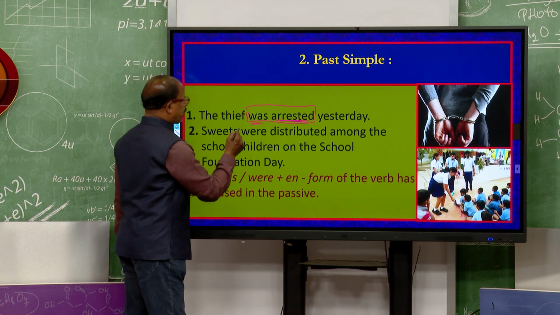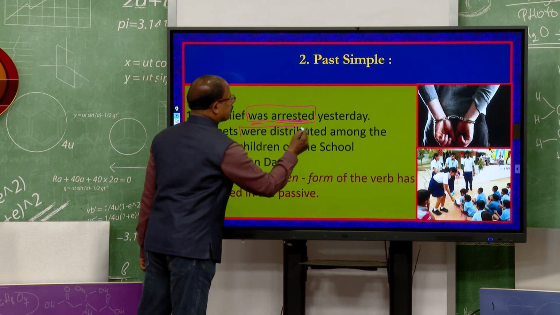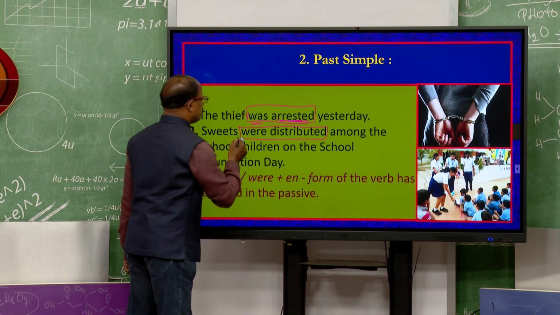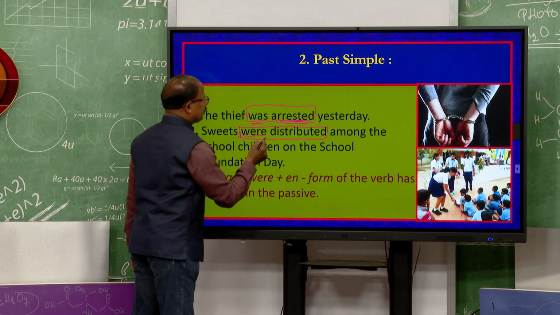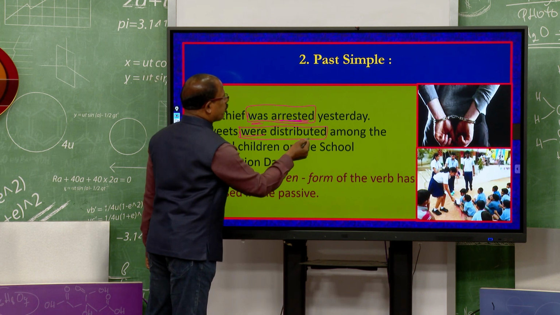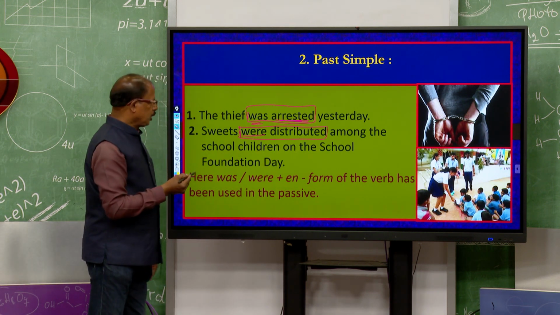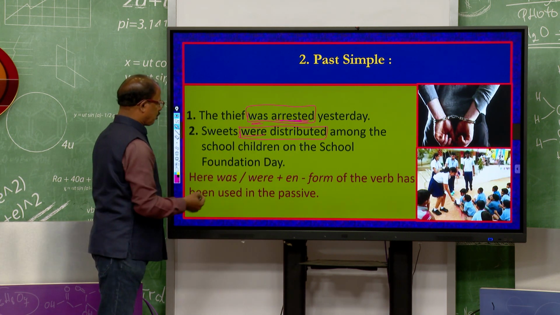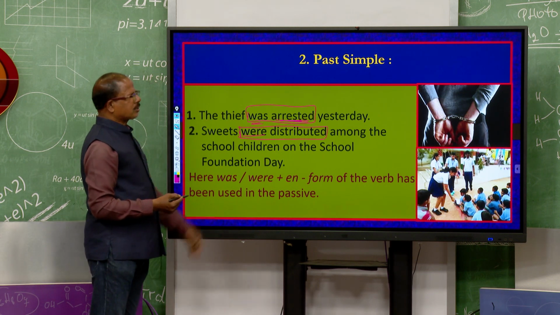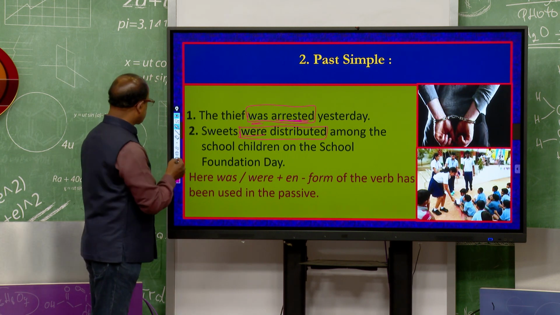Sweets were distributed. The be form is were, and distribute becomes distributed, the third form of the verb. In this way, this is the past simple pattern of the passive sentences.